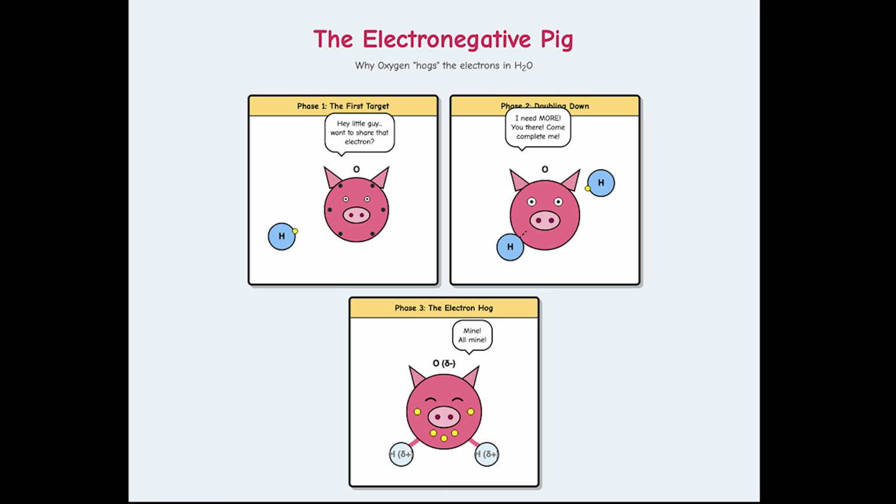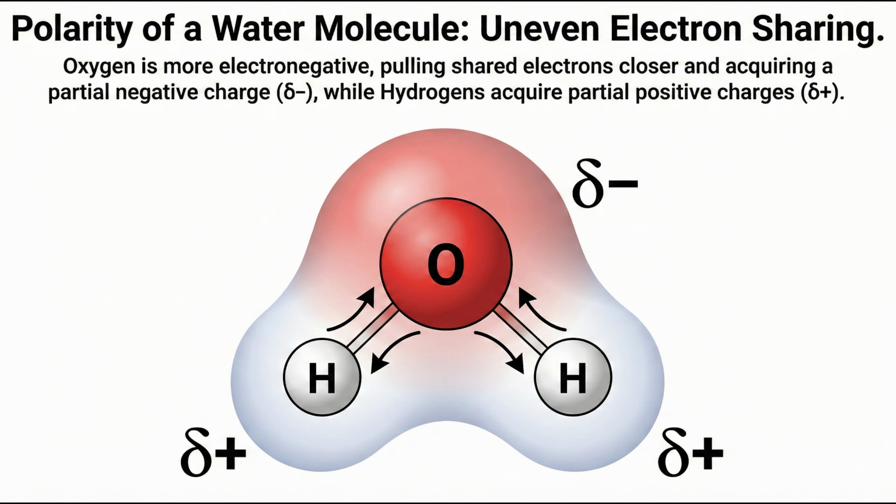In fact, oxygen is extraordinarily electronegative and goes over to the hydrogen and says, let's share. And hydrogen says, okay. And then oxygen hogs the electron. Similarly, another hydrogen comes along and says, I'm here, I'll share. And it shares with oxygen, but also shares unevenly. So oxygen gets the lion's share of the electrons.